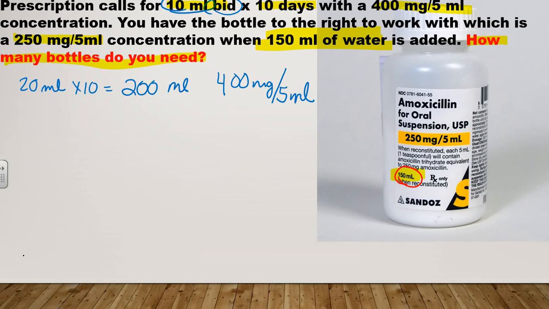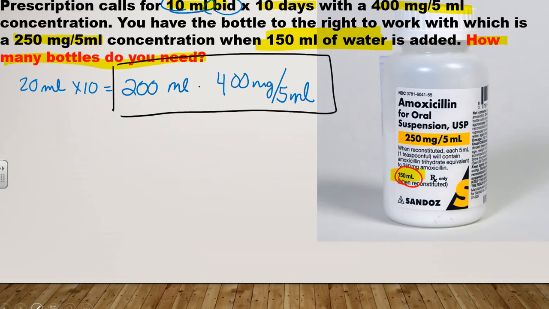That is our goal. That's what we want. Problem is, this is what we want, and this is what we've got. So the question is how to get from there to there.